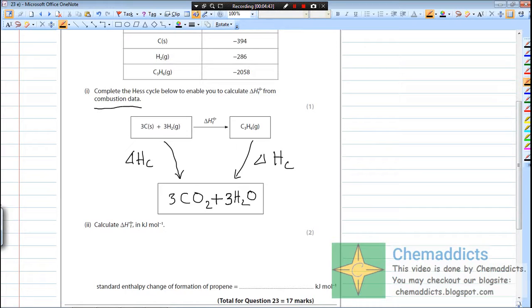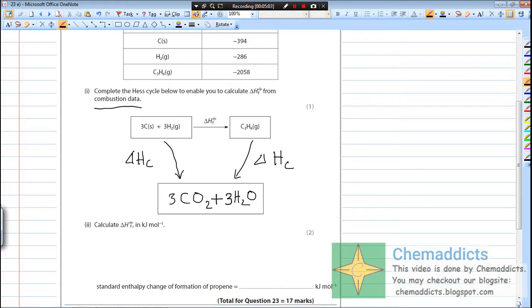Now let us move on to the next question. Calculate del HF naught in kilojoule per mole. The given mark for this question is 2.